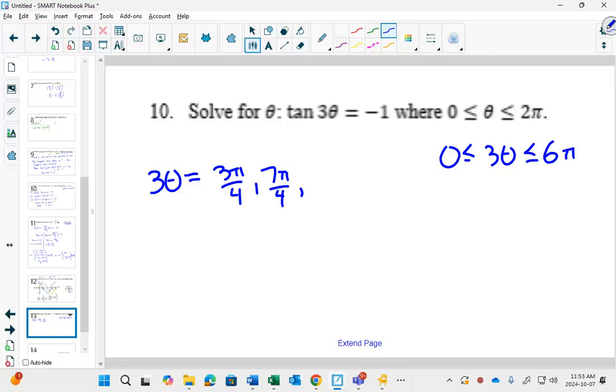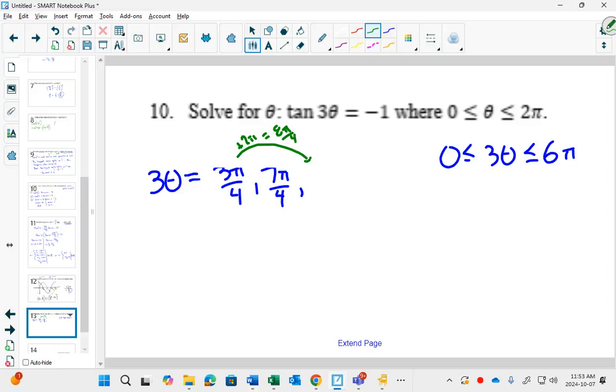So the second time around, we need to find out what is coterminal with 3 pi over 4. So you're going to have to add 2 pi, and you're going to get really good at adding 2 pi with different fractions. Can you see that 2 pi is equal to 8 pi over 4?